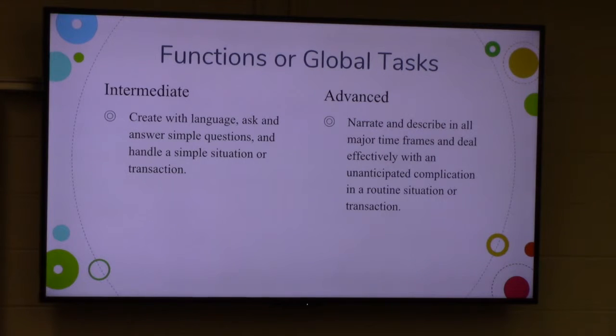And I want to point out that here, the advanced learners, they can confidently deal with all major time frames. Okay? That's part of the accuracy. Okay? And for intermediate learners, it didn't really talk about accuracy in this criteria. It didn't really say all time frames. Okay?